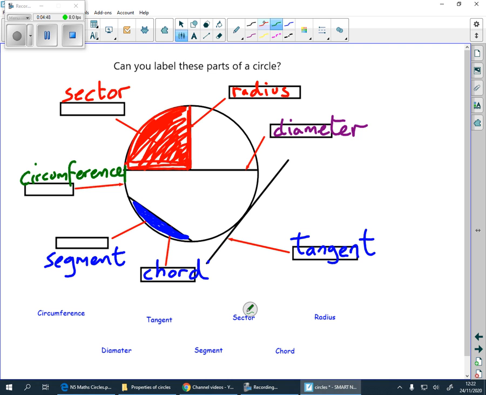If we have a point and we go round to another point on the outside circle, we call that an arc. If it's a small one, we call it a minor arc.